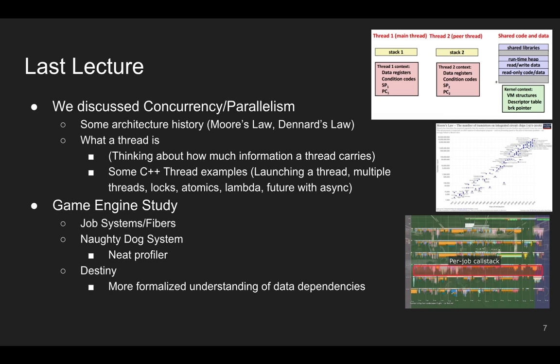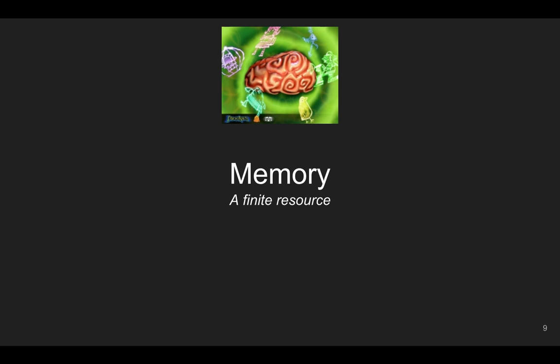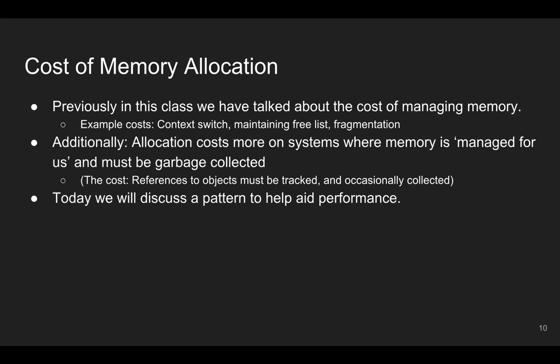Any questions about the other stuff from last time? Cool. All right. So today, the brief topic of memory, one of the finite resources. We've talked about memory a little bit in the context of allocators, different types of allocators we could implement, and why it's just expensive in general allocating memory.